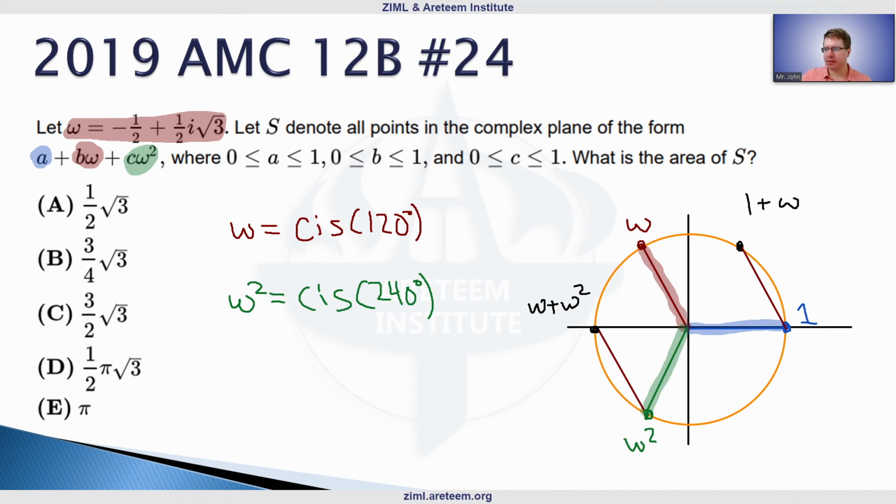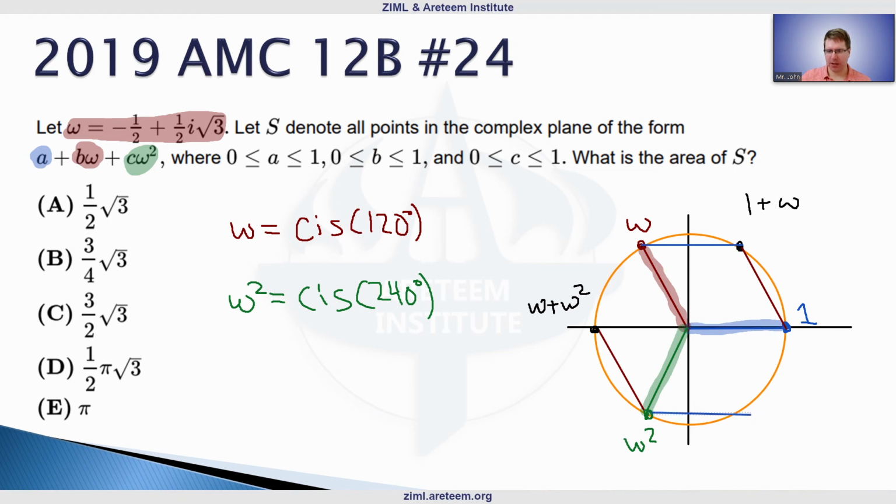Now, what if we do the same thing for 1? Of course, if we add in the other direction, this is 1 plus omega there. If we do this on the bottom, we can actually go over as well.